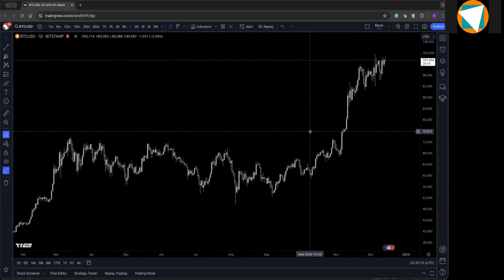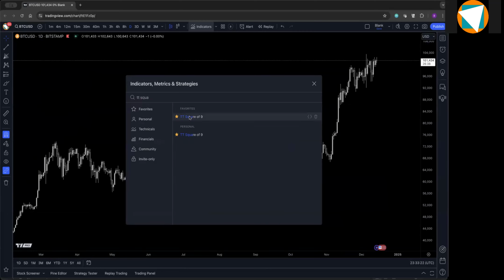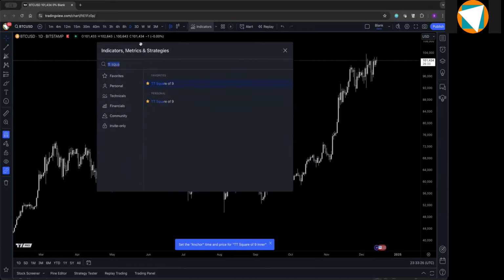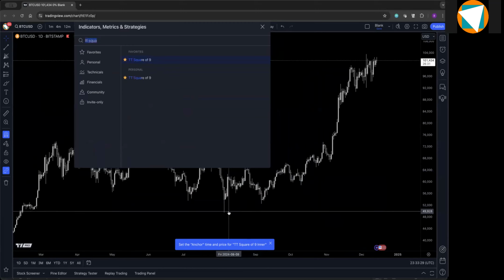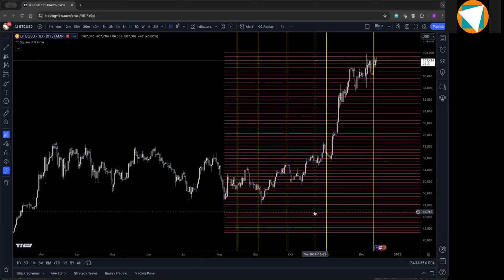So let's start by adding the square of 9. Okay, and we can anchor it down here to this significant low in August.